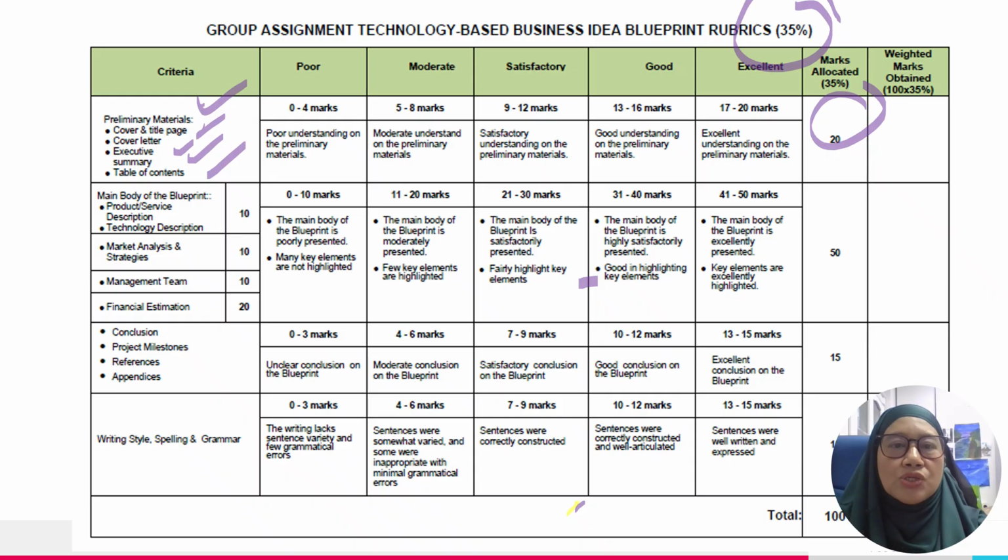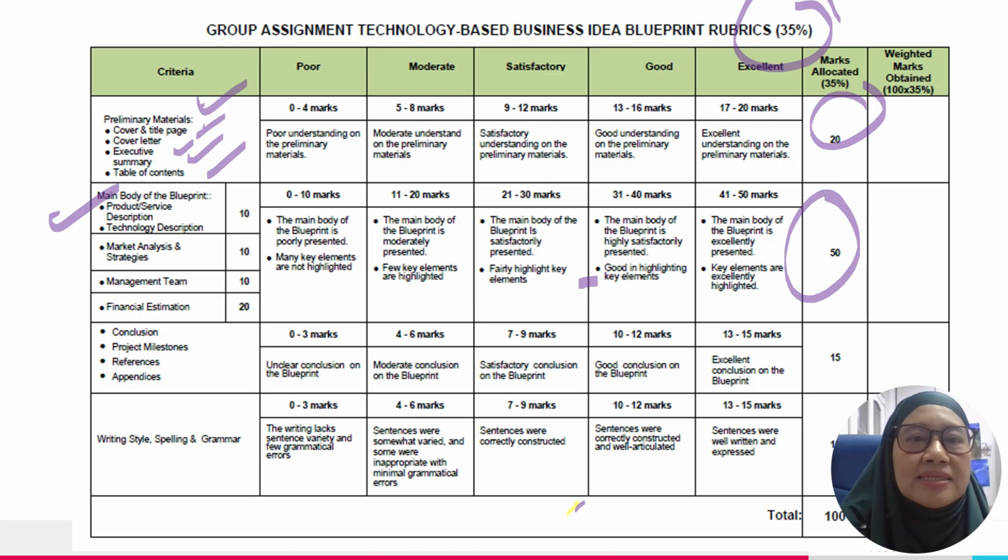Okay, so next is the main body of the blueprint. The heart of your project. This one is worth 50 marks. Here you will describe your product or service, technology concept, market analysis, strategic management, team and financial estimation.